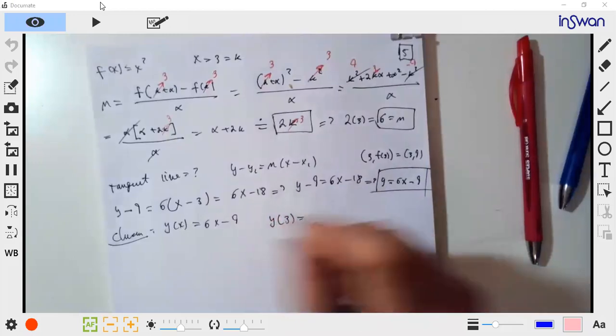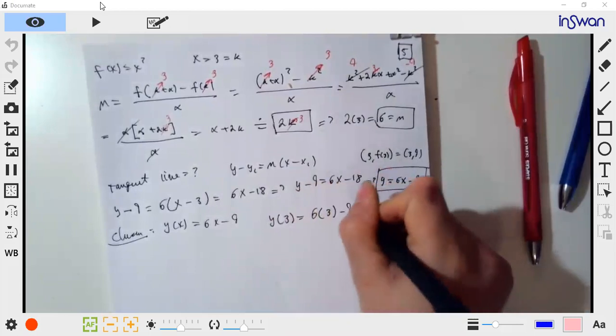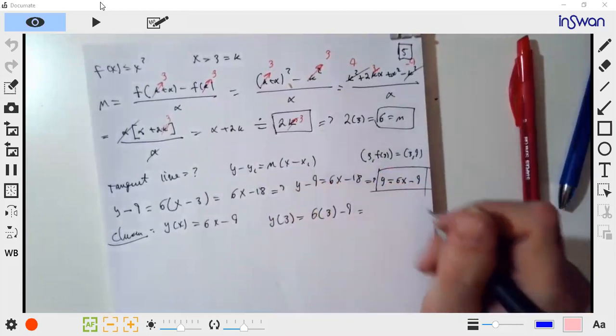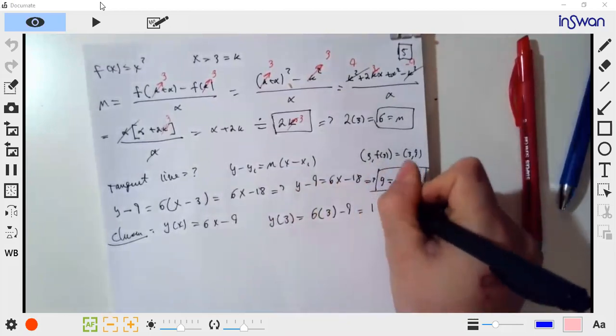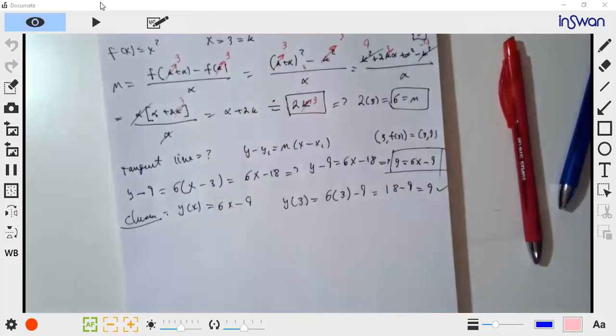So y of 3 better equal 9. So let's see. That's 6 times 3 minus 9. That's 18 minus 9, and that's 9. Chink. So that makes a lot of sense. So that's really good.